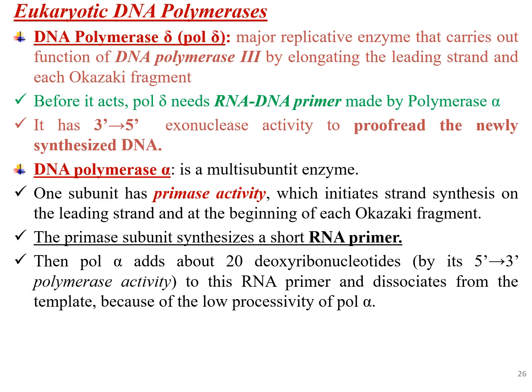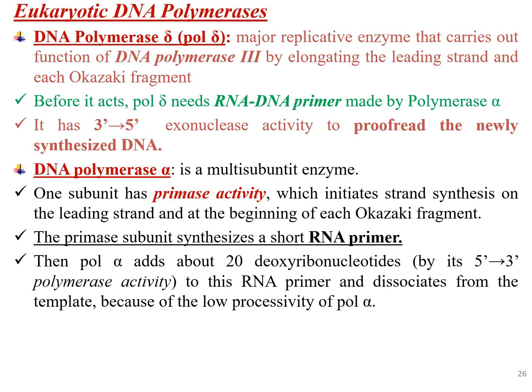Primase synthesis actually. It has 3 to 5 exonuclease activity to proofread the newly synthesized DNA, and polymerase alpha is a multi-subunit enzyme. One subunit has primase activity, which initiates strand synthesis on the leading strand and at the beginning of each Okazaki fragment.